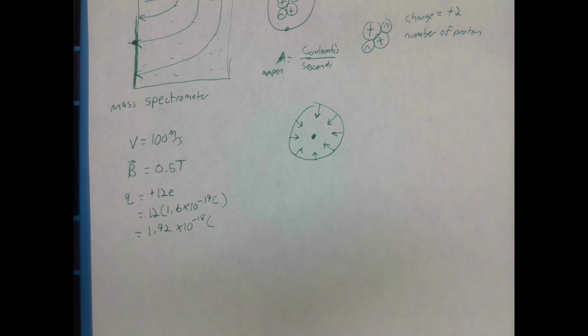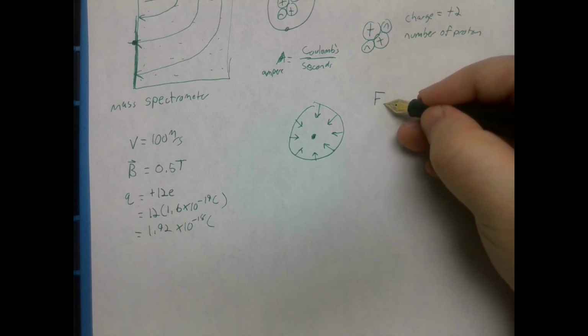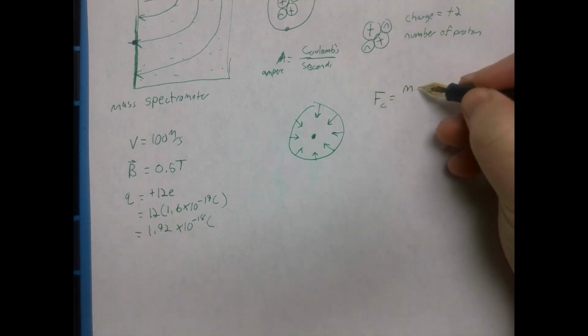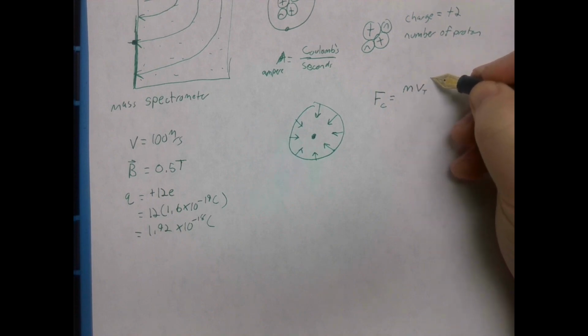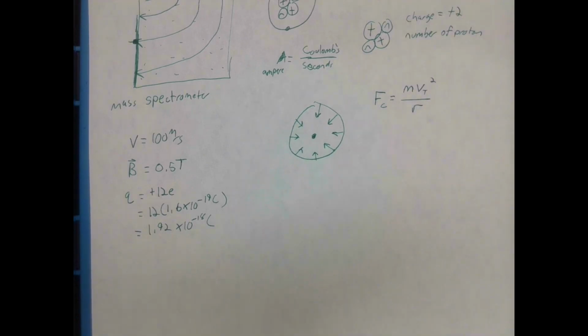We don't care about that, so the centripetal force of an object is equal to its mass times its tangential velocity squared, divided by its radius.